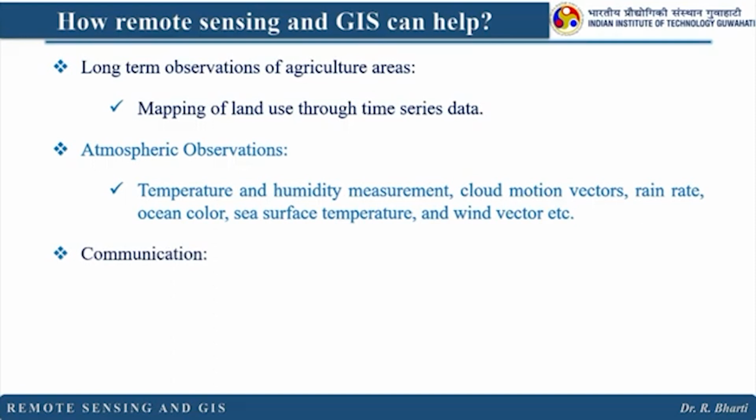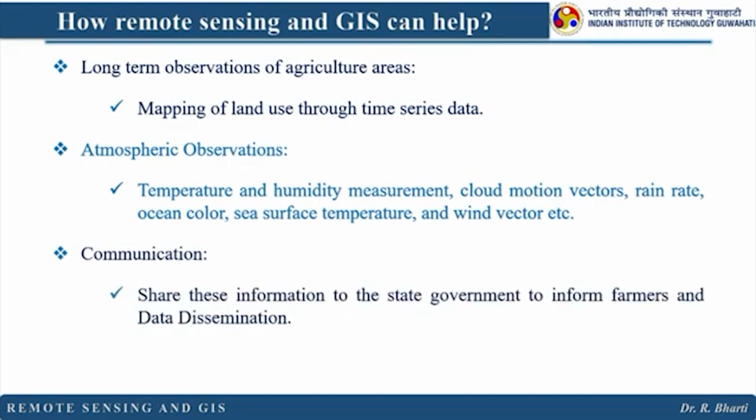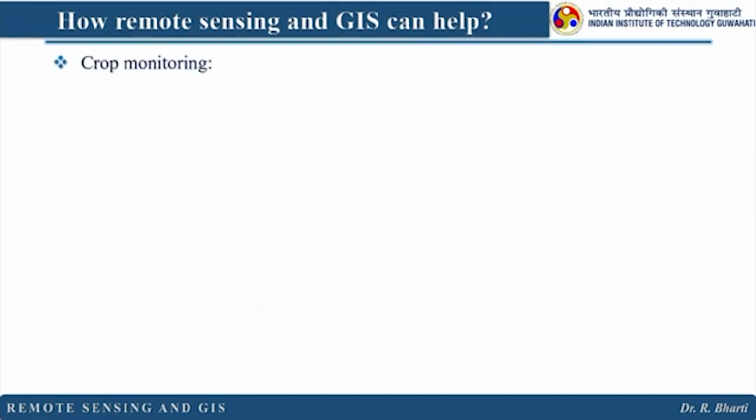Then communication, definitely satellites are a very important part of that. So share this information with the state government to inform farmers, and data dissemination. Then a very important aspect of remote sensing and GIS application is crop monitoring. What is the health, what is the yield, that also you can estimate using this technology.